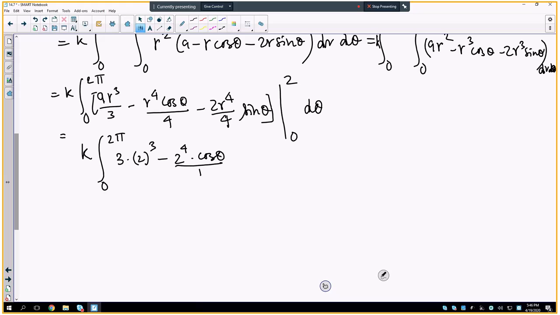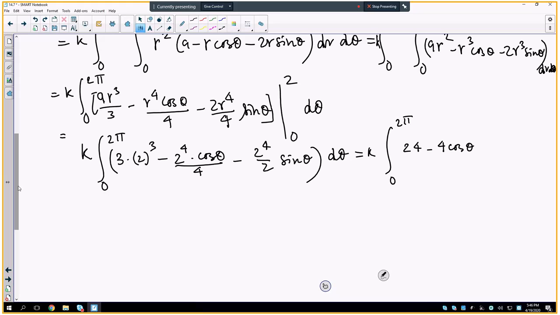I can already cancel the 2 and 4 and get 2 on the bottom only, and I get 2 to the power 4 over 2 sine theta, d theta. Let's simplify one more step: k times the integral 0 to 2 pi of 3 times 8, which is 24, minus 2 to the power 4, which is 16, over 4, so 4 cosine theta, and then 2 to the power 4 is 16 over 2, so minus 8 sine theta, d theta.